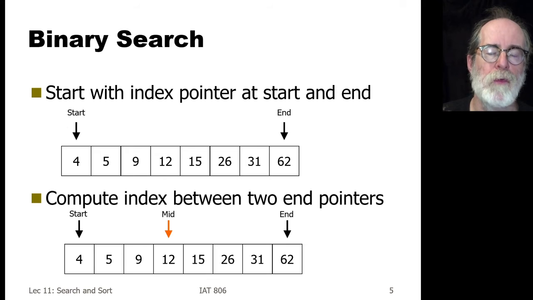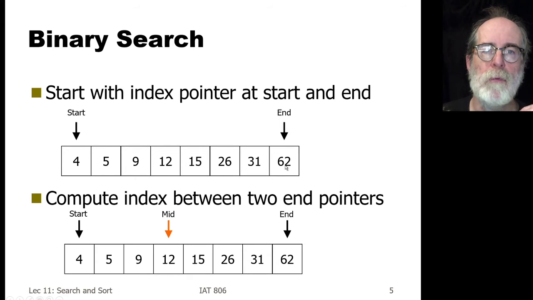Of course, it's in sorted order, and what that means is that for every item in the list, all the items before it are less than that value, and all the items after it are greater than, or perhaps greater than or equal to, but here we have unique values. So to the left of 12, we have 4, 5, 9. They're all less than 12. To the right, we have 15, 26, 31, 62.